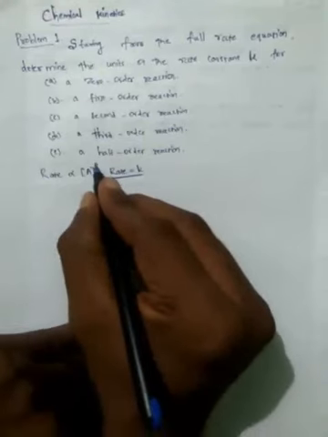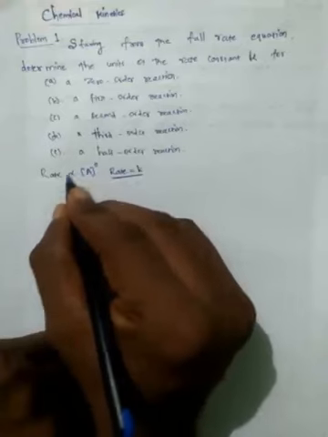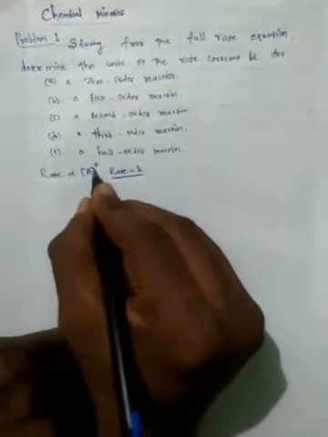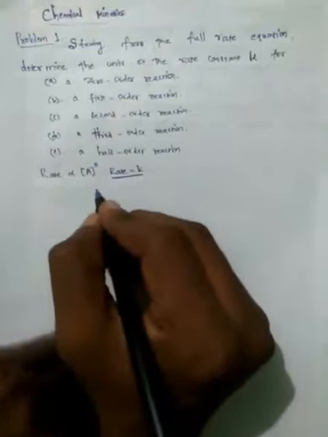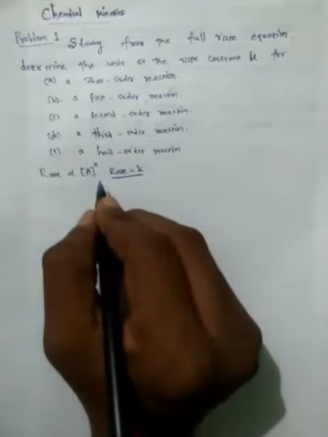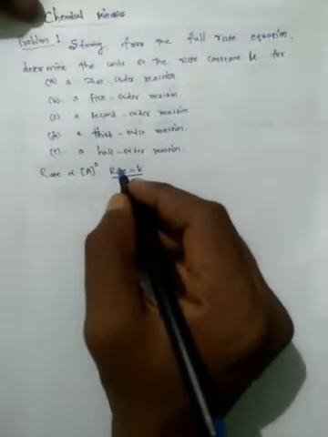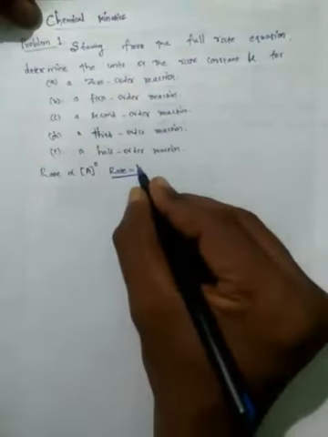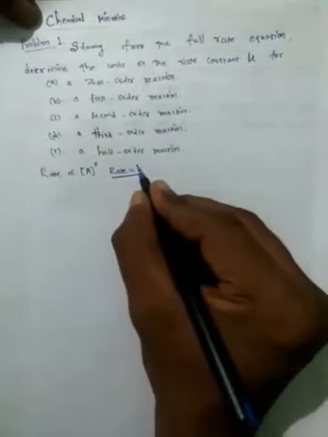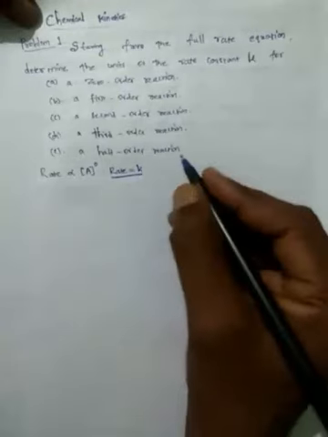So here 0 is the order, because 0 is the power of the concentration term in the rate equation. So this is zero order, no doubt. And now I'm going to write the expression for the unit for this rate constant K.